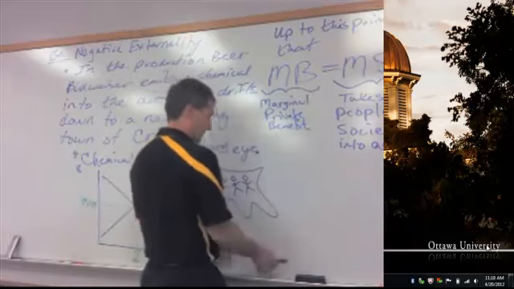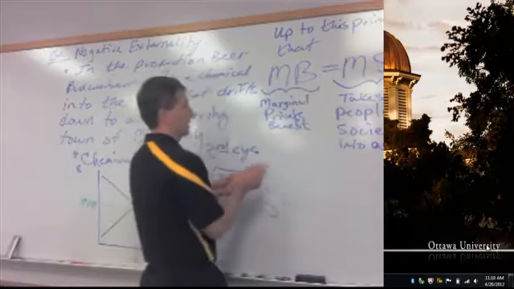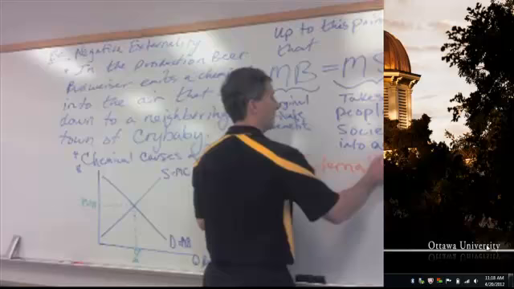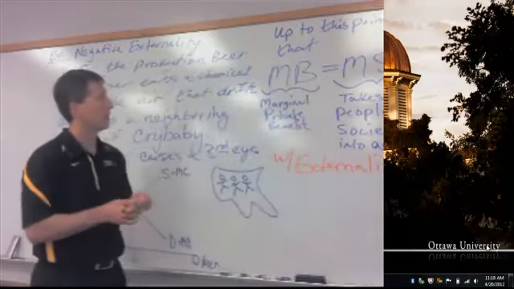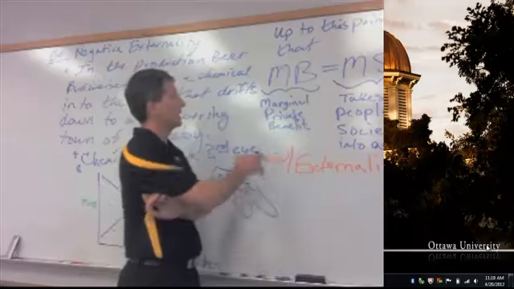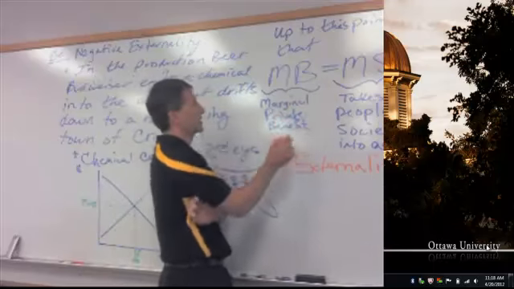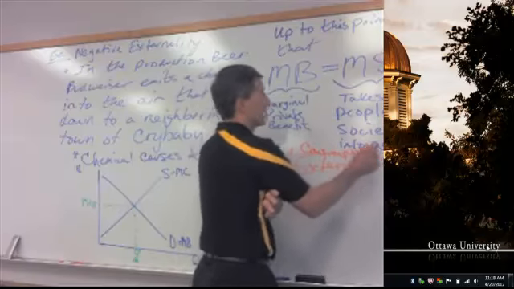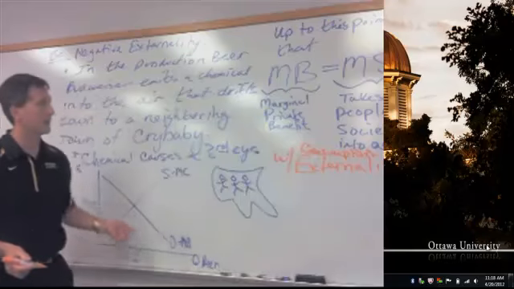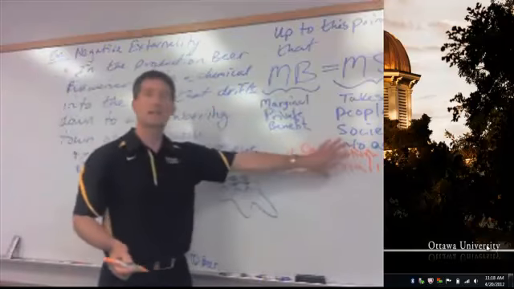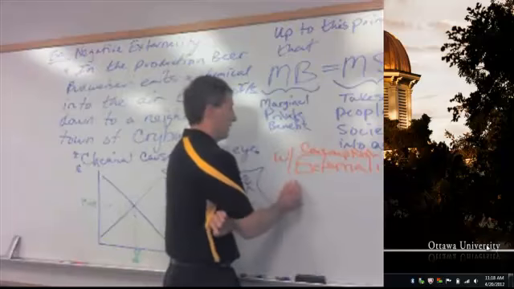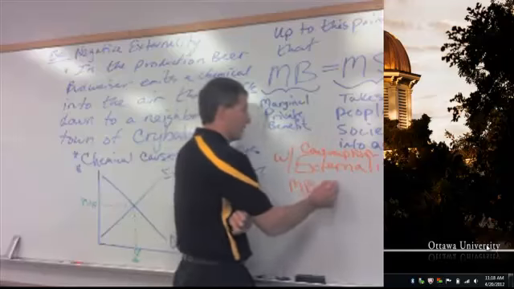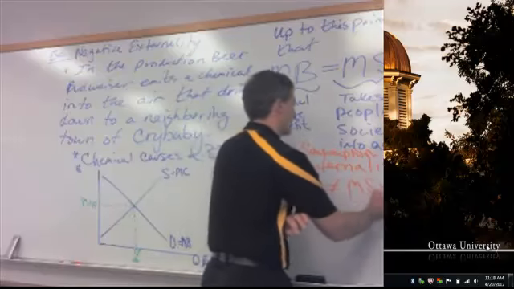So the last thing to add on to this little statement here is, with an externality, and in this case, let me be a little more specific, with a consumption externality, because I'm talking about the consumers, the demand curve, the benefit. With a consumption externality, the benefits that are accrued by the people involved in the transaction do not equal society's benefits.